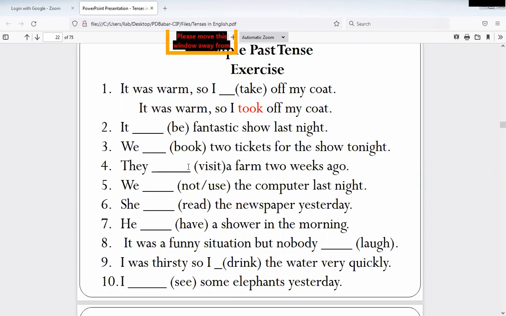I was thirsty, so I drank the water very quickly. Drank is the past form we will use here.